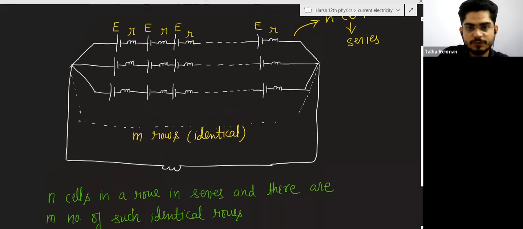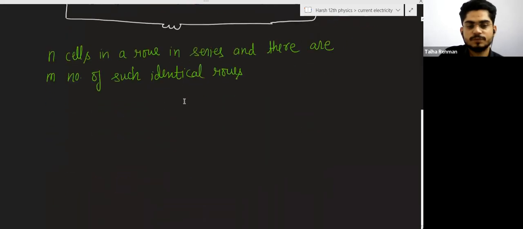So first we will calculate the equivalent EMF and equivalent internal resistance of this row, then this row, then this row.